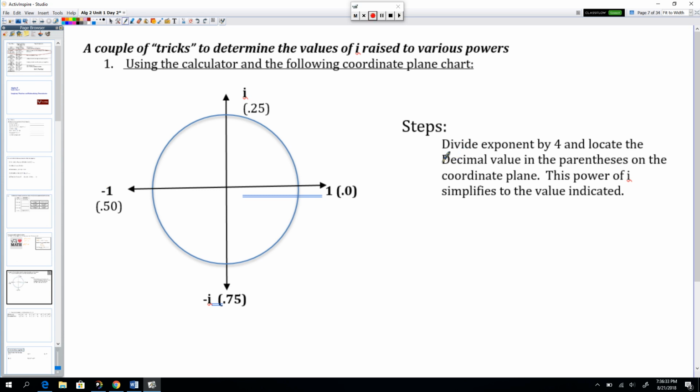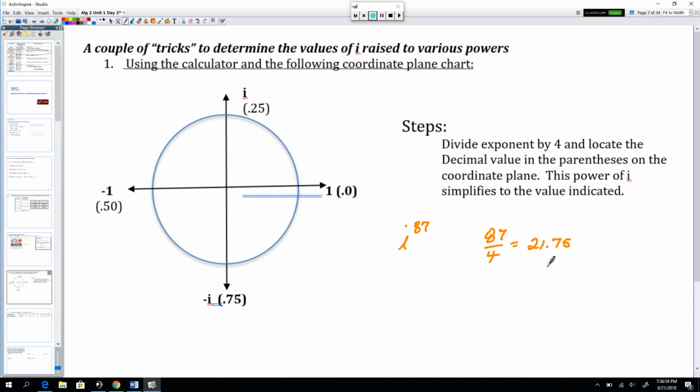If you would like to use this circle chart, it's certainly a great reference. If you ever have i to any power, let's just say i to the power of 87 for an example, this method for determining how to simplify this is to take 87 on your calculator, type 87 divided by 4, and your calculator will spit out 21.75.